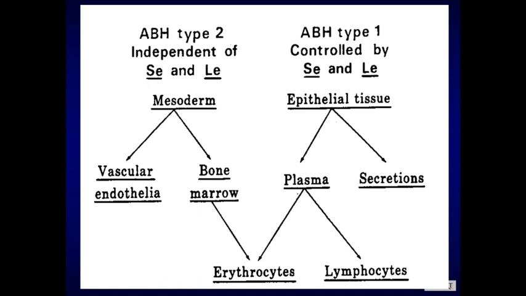On red cells, the ABO antigens are expressed by the red cells themselves, which came from mesodermal tissue, and the backbone is the type 2 chain, in contrast to the type 1 chain, which is controlled by SE and LE genes and is the backbone for ABO antigens on epithelials.